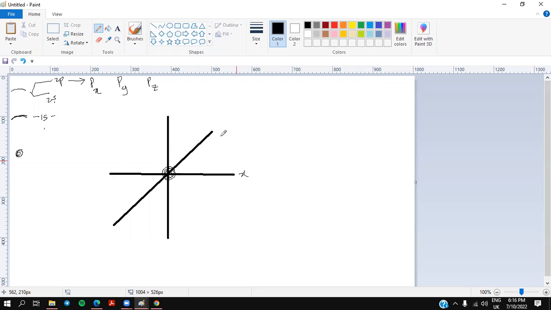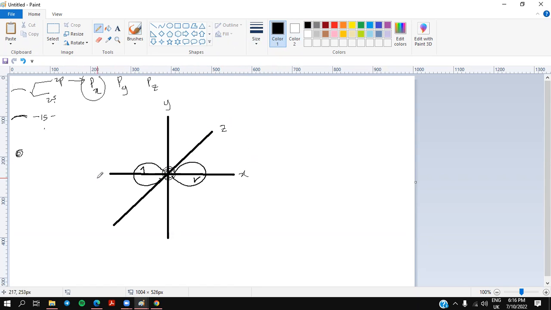If this is X, if this is Y, if this is Z, Px orbital is along the x-axis, where we can have 1 electron here, 1 electron here. This is called Px because it is arranged along the x-axis.